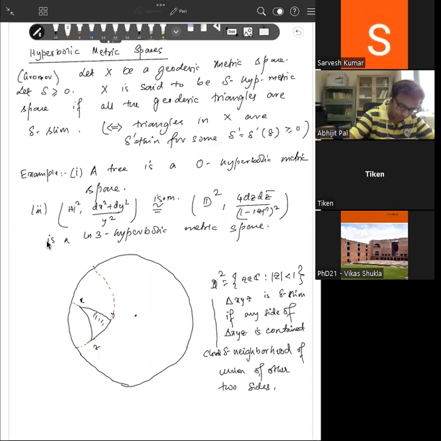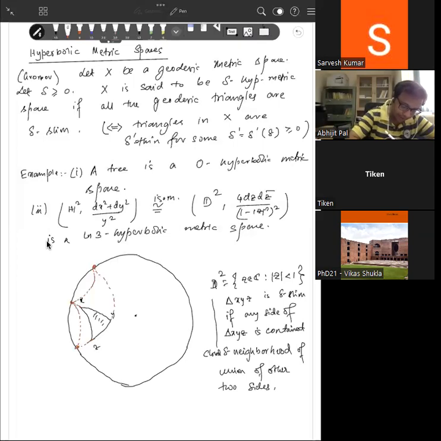Okay, all right. Now I'll join these two. So you have extended this. These points are at the boundary, so it is at S1.